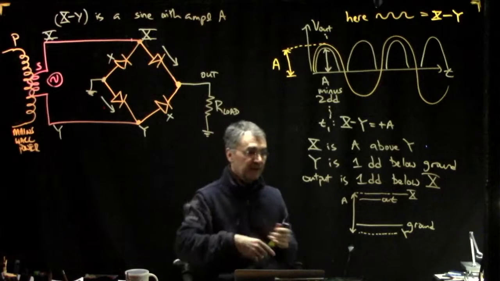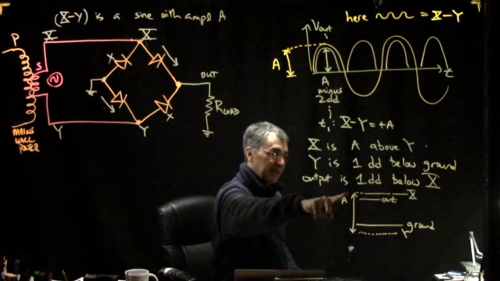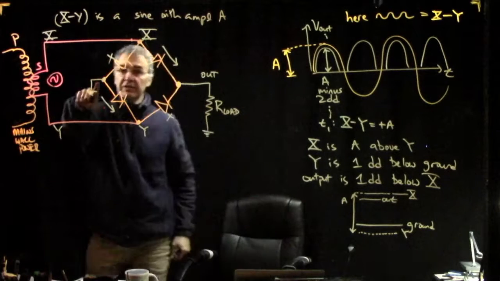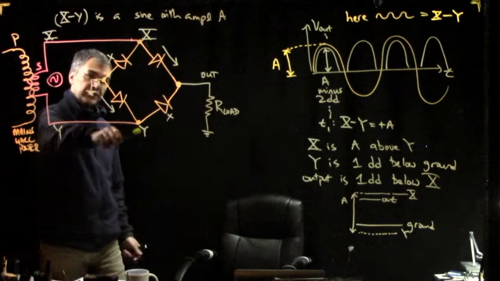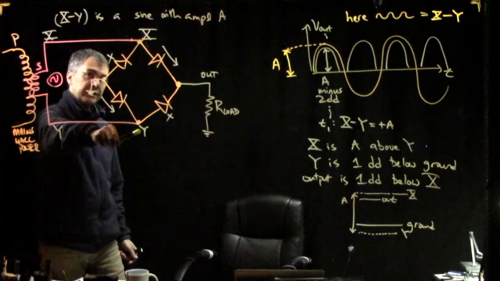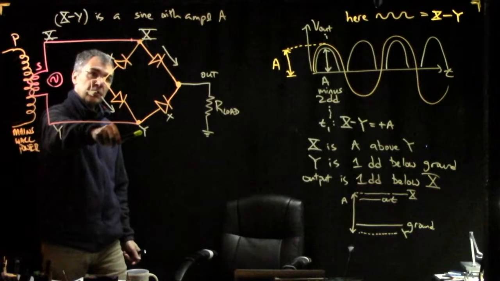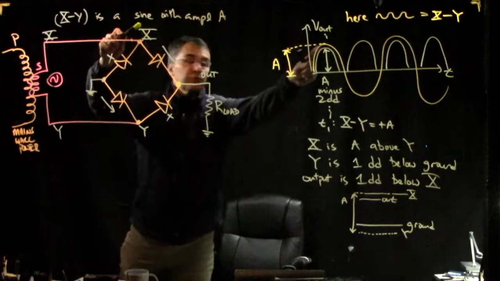So you see, ground, down one diode drop, and then up A, and then down another diode drop to get to the output. Let's think about that. See, here's ground. And then from ground, we go down one diode drop to get to Y. And then from Y, we go up a whole amplitude to get to X, because we're at this part of the waveform.